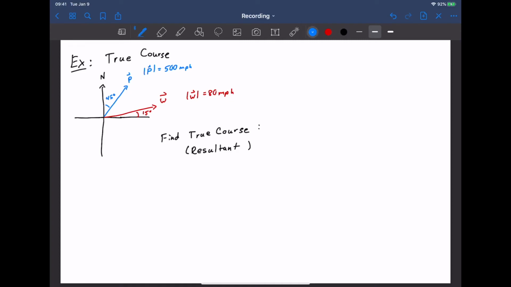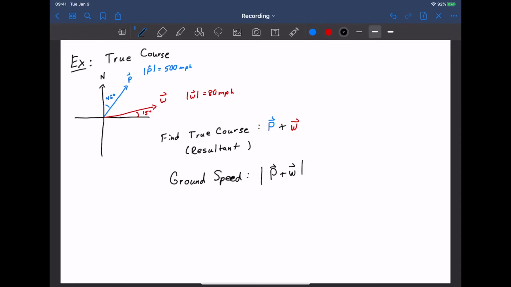It would just be literally the vector p plus the vector w. They could ask you to find the ground speed, which would be the magnitude of the true course.